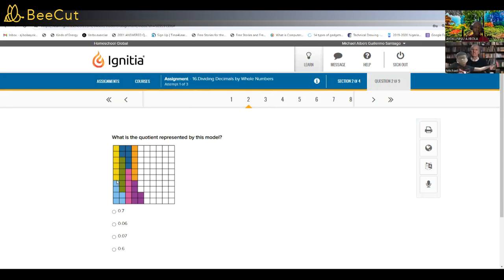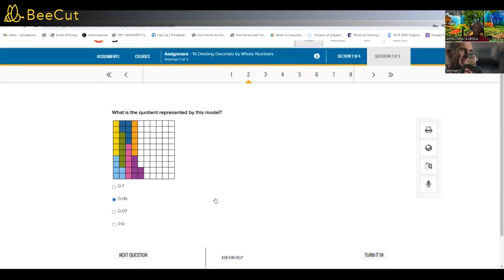It should be 0.06, because if you count the number of boxes in each of the colors, there are 6. So that's 0.42 divided into 7 groups. That would be 0.06. Is that clear, Miggy?